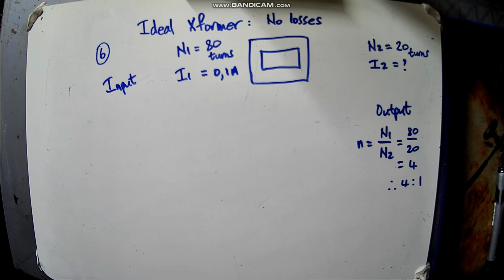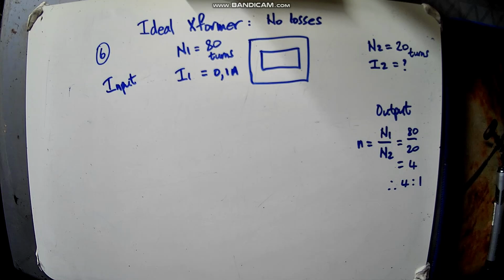The voltage is directly proportional to the turns, but inversely proportional to the currents. So the transformer ratio, denoted by small n, is 80 over 20, 4:1. Notice that this is a step-down transformer. Those are the types of questions they will also ask in the test.